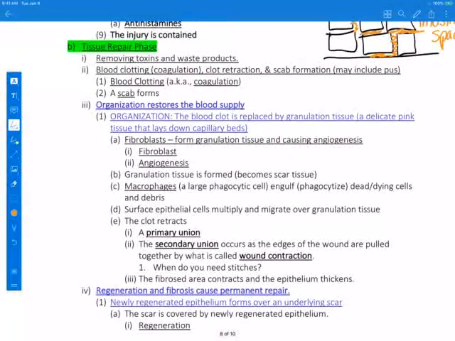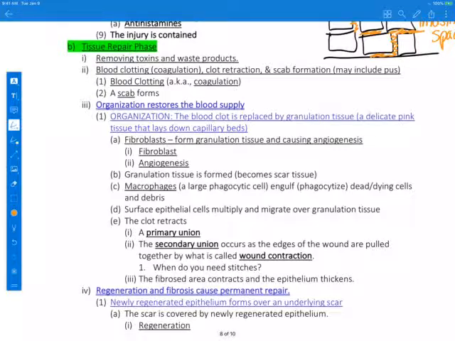Fibroblasts replace the collagen and the extracellular material, which helps bridge the gap of the wound, and it forms this granulation tissue and leads to what is known as angiogenesis. Or you can think of angiogenesis as blood vessel formation.